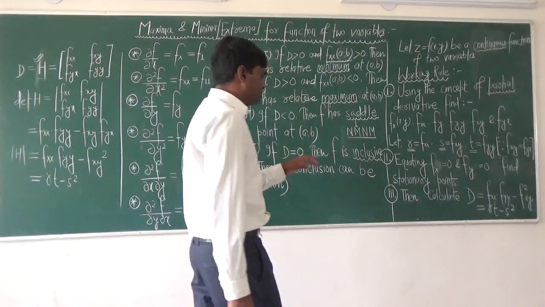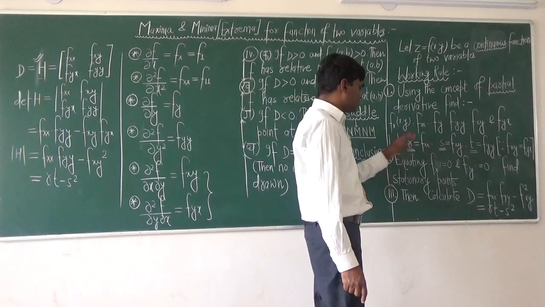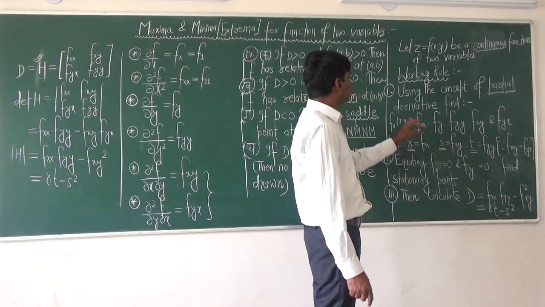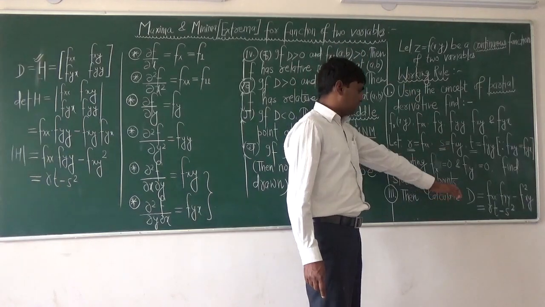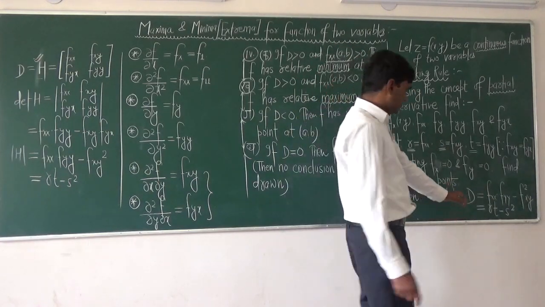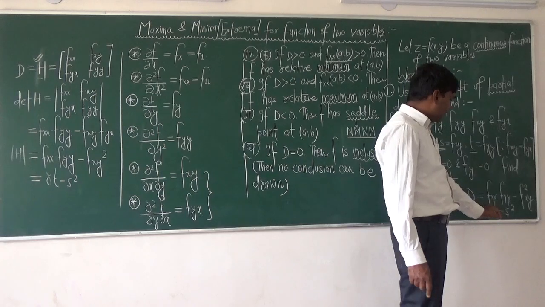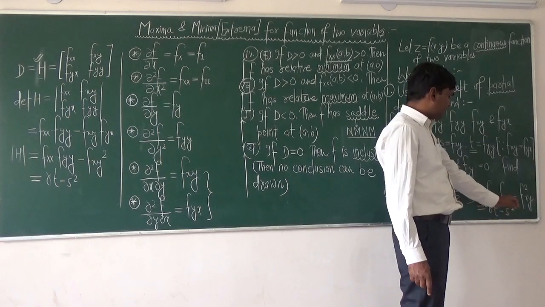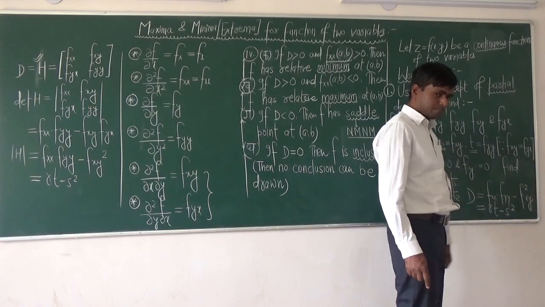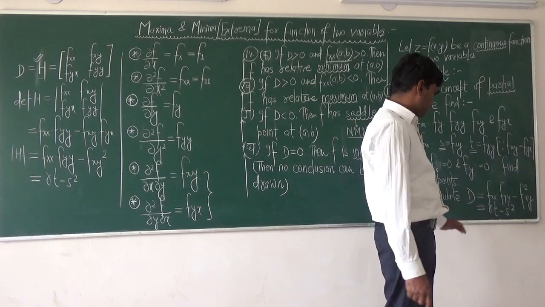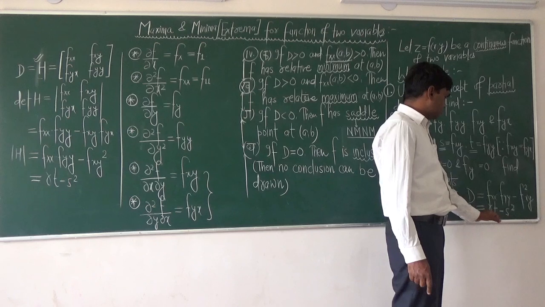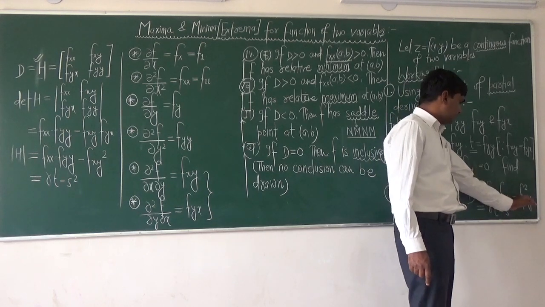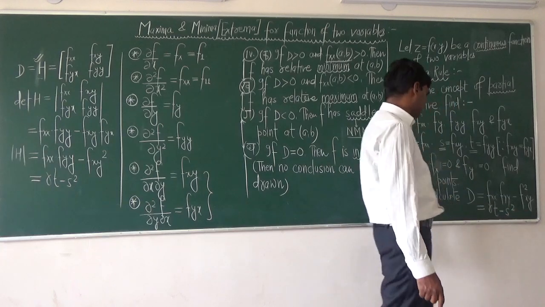At these stationary points, in the third step, we calculate the discriminant for extrema of a function of two variables, calculated as f_xx into f_yy minus f_xy squared. f_xx is treated as small r, f_yy as small t, f_xy as small s.